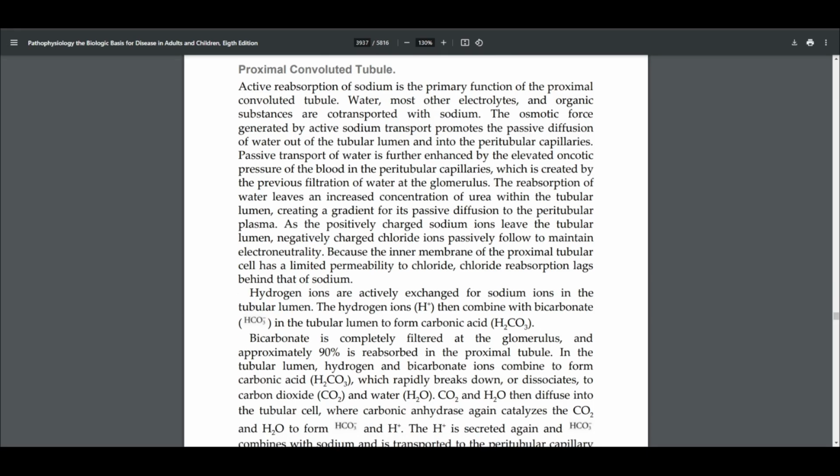So, proximal convoluted tubule. Active reabsorption of sodium is the primary function of the proximal convoluted tubule. Water, most of the electrolytes, and organic substances are co-transported with sodium. The osmotic force generated by active sodium transport promotes the passive diffusion of water out of the tubular lumen and into the peritubular capillaries.